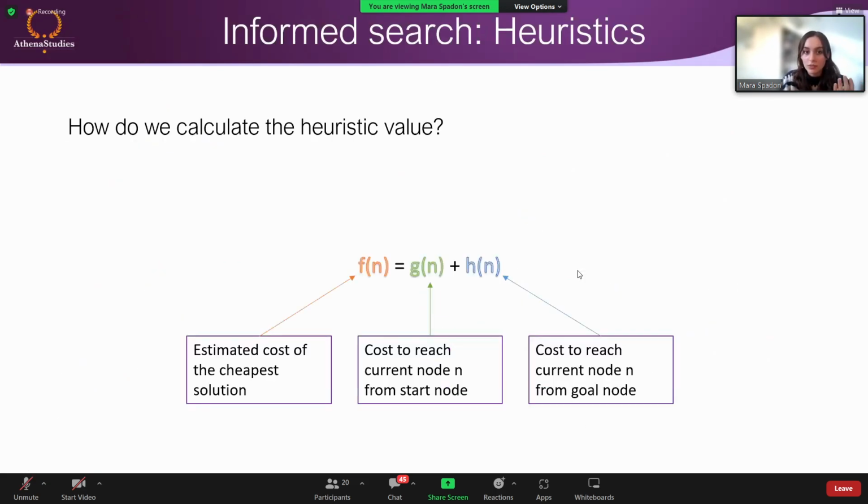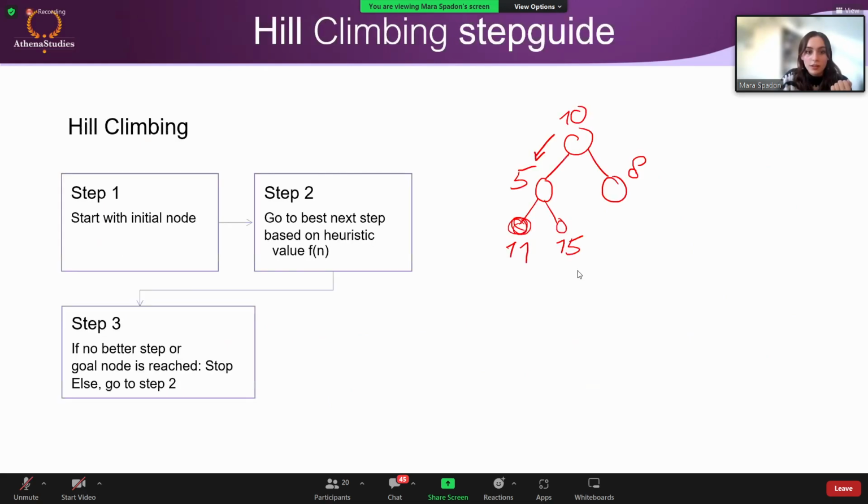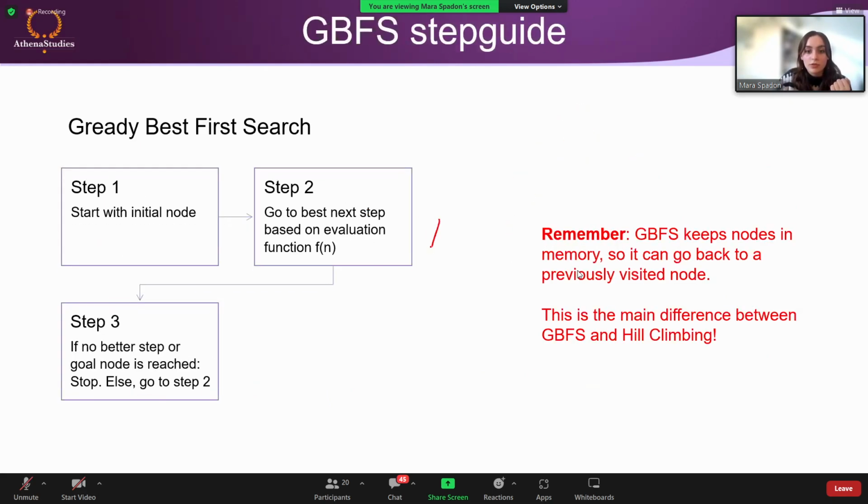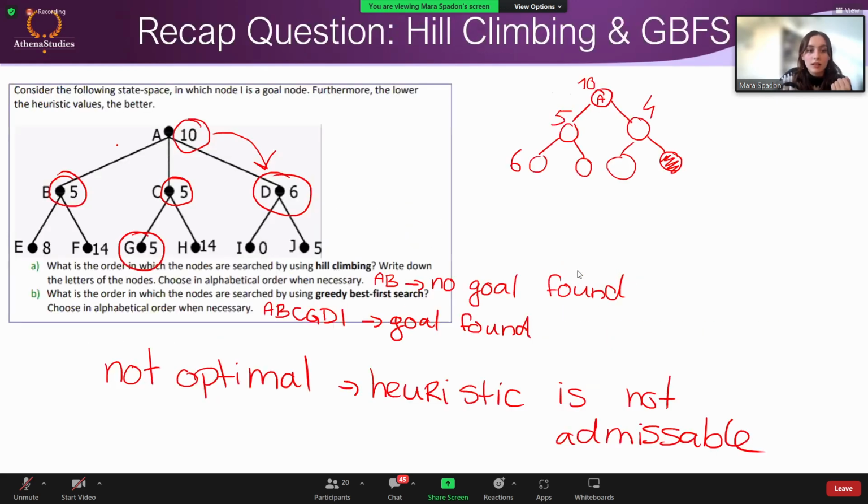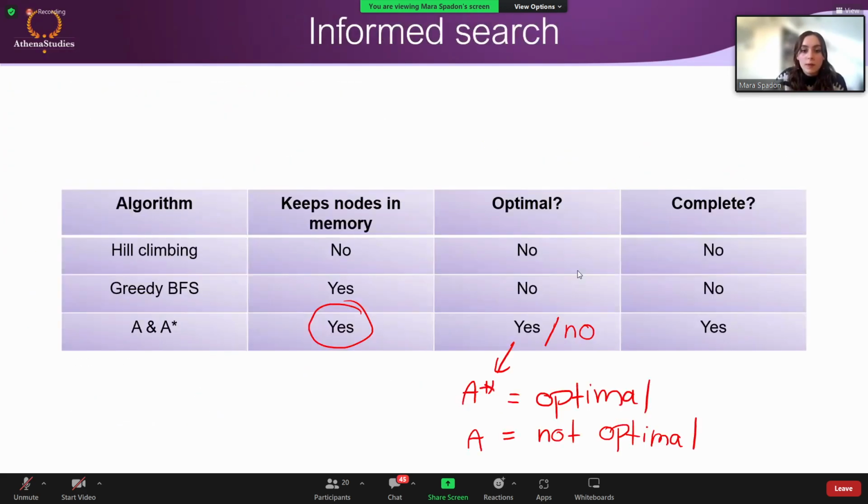So it's also not admissible. In our case, greedy best first search just goes through the steps, chooses the one that is best, and then it can go back. But it does not use the admissible heuristic, or the formula we just used. So that's why it is neither optimal nor complete. But with A star, we are sure that it is complete.